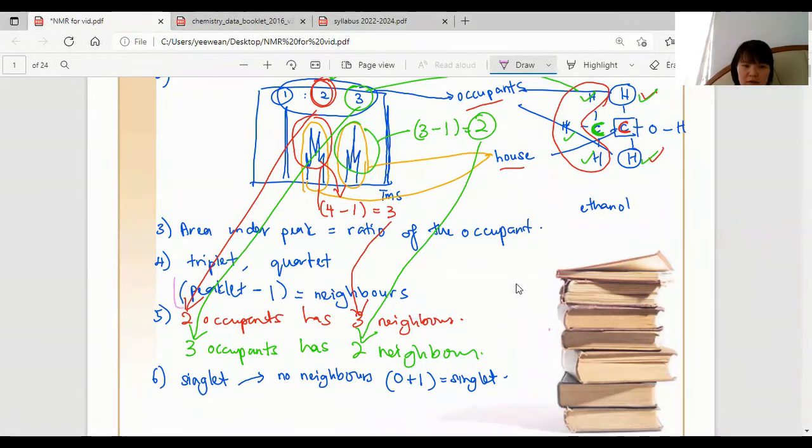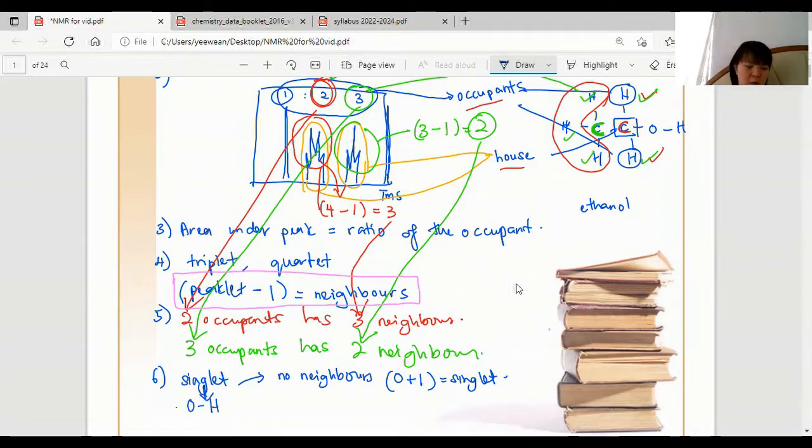That is according to peaklets minus 1 equals neighbors. So if I have 0 neighbors, I would have 1 singlet peak there. But a singlet can also represent a proton that's on an OH. It would also give you a singlet.